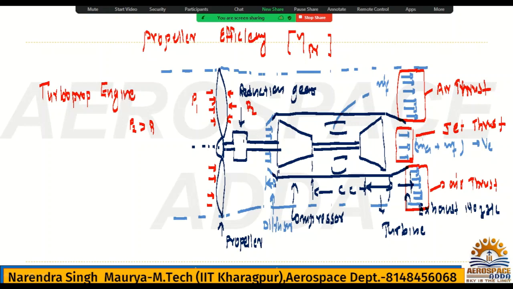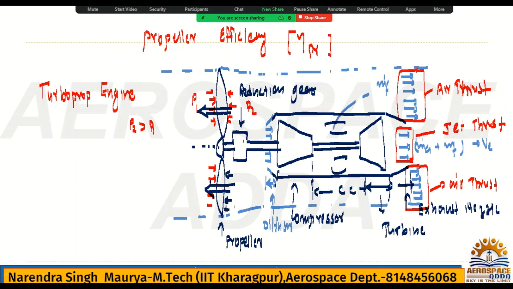So this P2 will be very high, and P2 will give the pressure thrust, and it will be in the forward direction. So P2 minus P1, that pressure will be exerted in the forward direction into the disk area. This propeller will be treated as a disk. So the disk area into pressure will give the pressure thrust, and it will move in the forward direction.